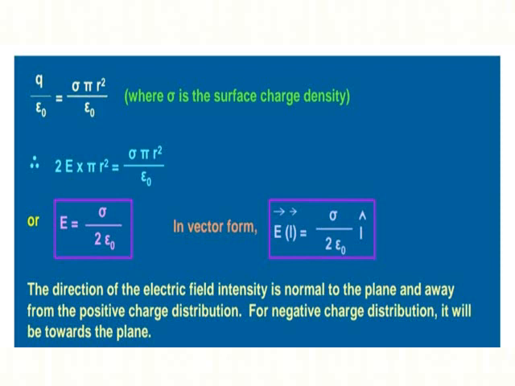In vector form, you can write sigma upon 2 epsilon naught into L cap, right? The direction of the electric field intensity is perpendicular to the plane and away from the positive charge distribution, and it will be towards the plane if negative charge is given in the question.